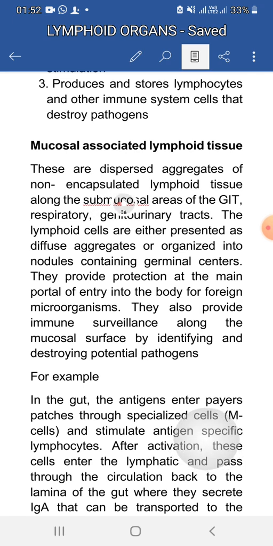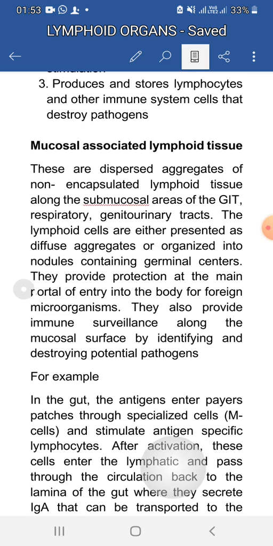In the gut, you will find them in the wall of the gut, just below the mucosal membrane, and the same in the respiratory and urinary tracts. They can form nodules or aggregates, or they can remain as diffuse cells which are just collected there, but do not form a body like a nodule.